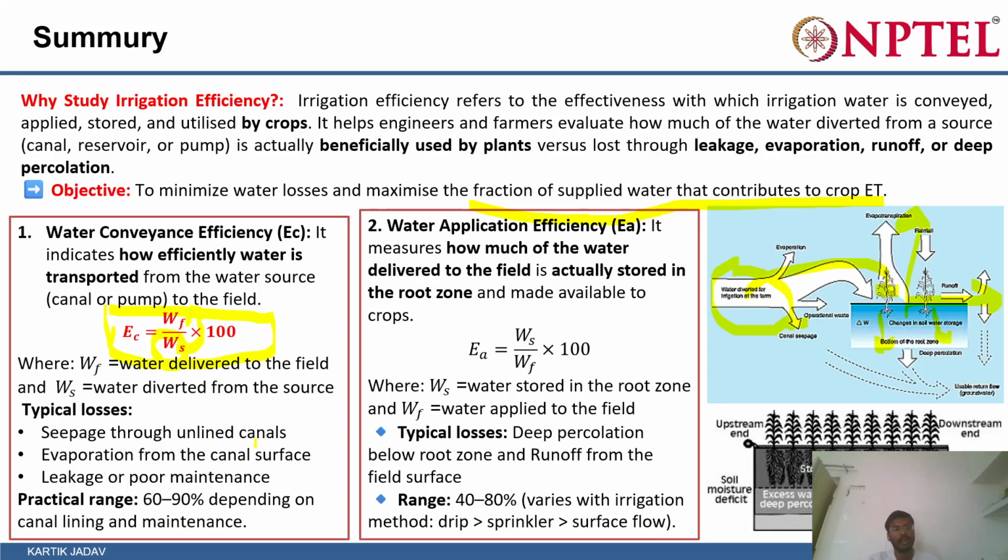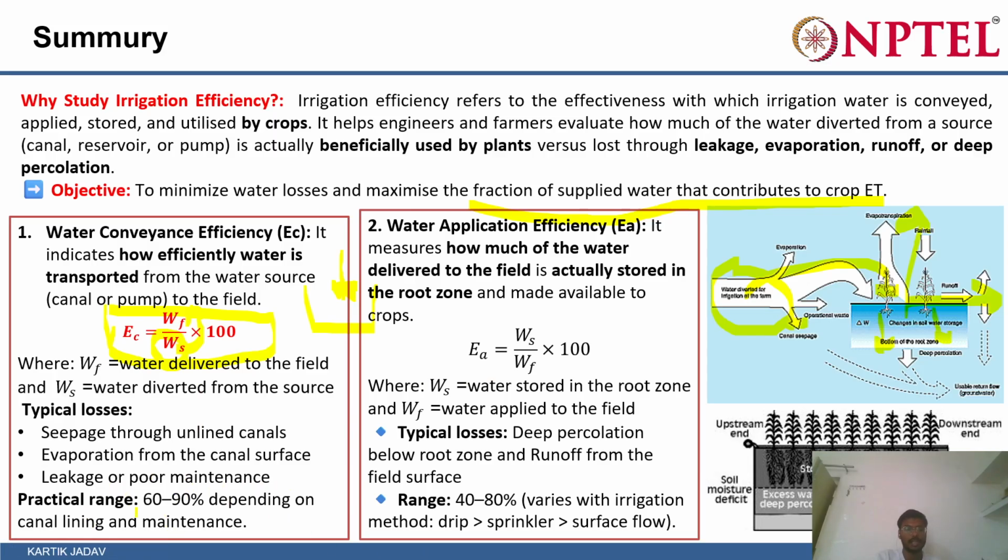Even if you have lined canals, over time cracks develop, and there is a loss of water through seepage. Then there are water losses from evaporation on the canal surface, as the canal is open, so there is always a chance that water is lost to evaporation, and also there are leakage and poor maintenance issues.